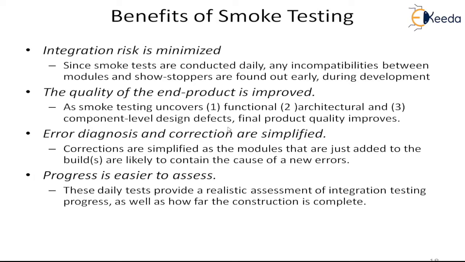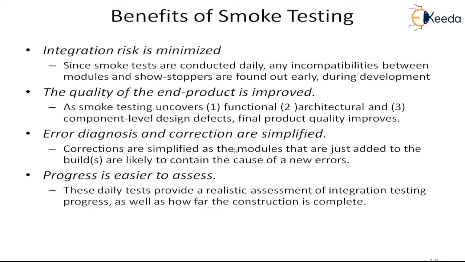If there are component level problems, they are found out. If there is a functional problem between different modules, that is found out, and also any architectural problem in interfacing these modules. So a lot of different types of errors, and very major errors, get uncovered. Therefore the end product is much improved in quality.